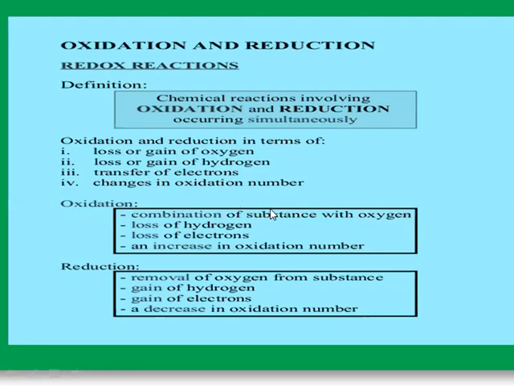It is the combination of a substance with oxygen, loss of hydrogen, loss of electrons, and subsequently an increase in oxidation number. Whereas reduction involves removal of oxygen from the substance, gain of hydrogen, gain of electrons, and subsequently a decrease in oxidation number.